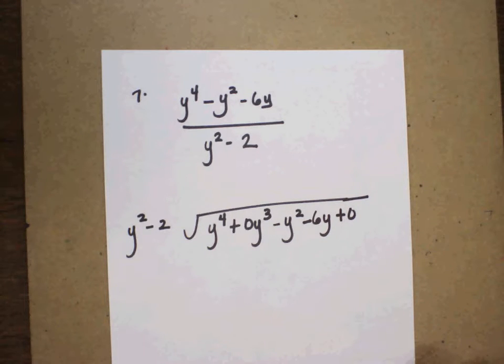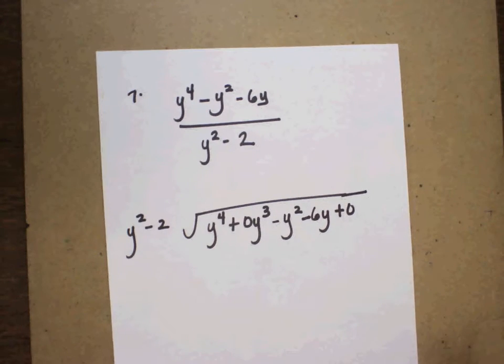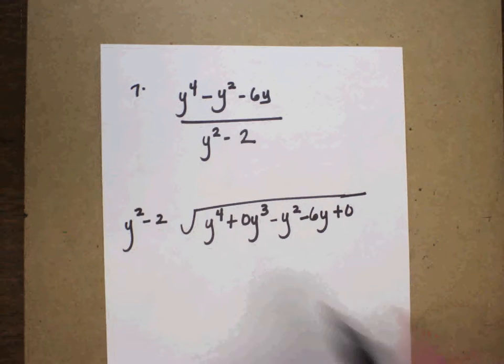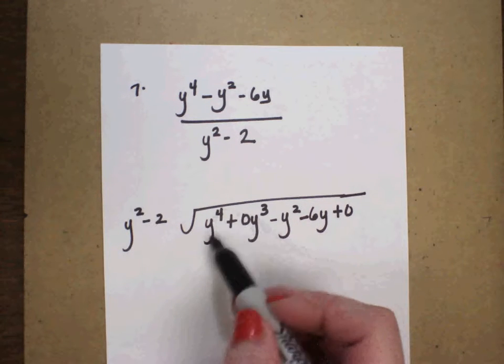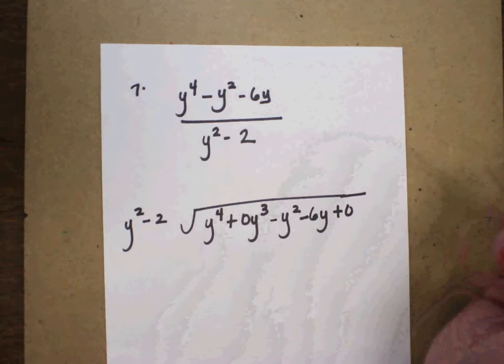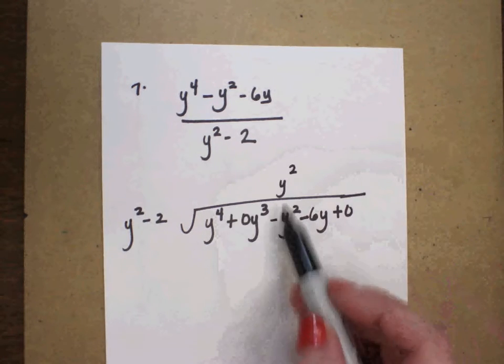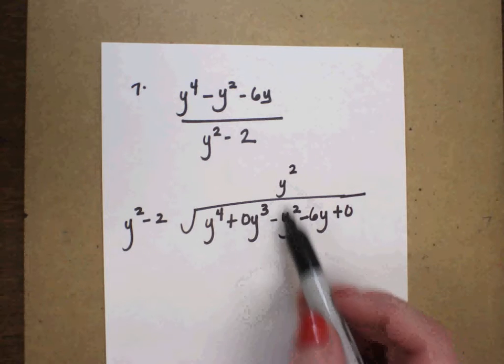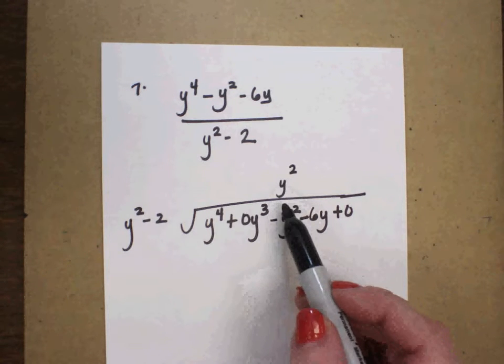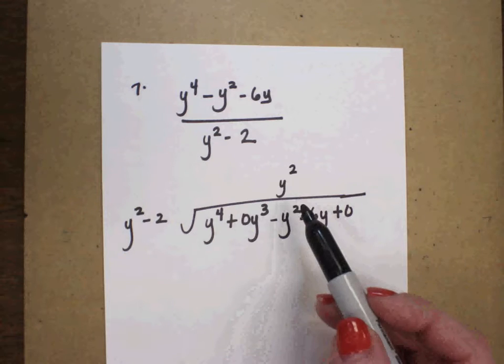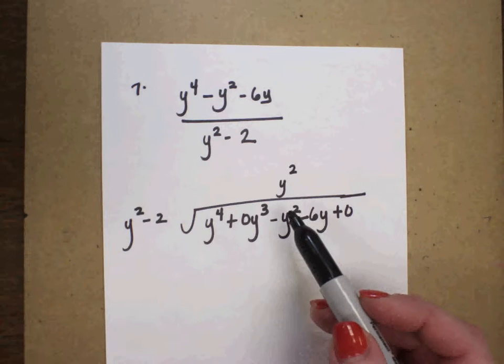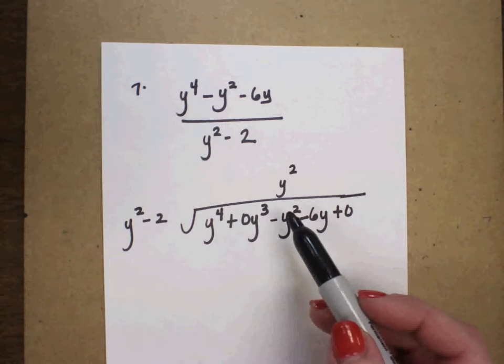Alright, so to get rid of this one, y what? Y squared. Why am I putting it on top of the y squared? It's kind of like when you divide and you line them up, okay? It's the same concept. Alright, so what's y squared times y squared? Y to the fourth.